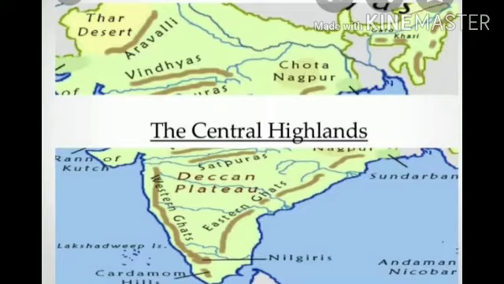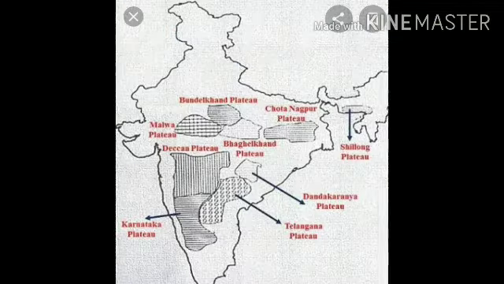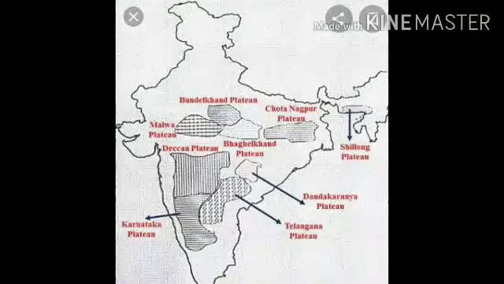And the other, Deccan Plateau, means the southern part of the peninsula. The part of the Peninsular Plateau lying to the north of the Narmada River, which covers a large area, is known as Malwa Plateau.